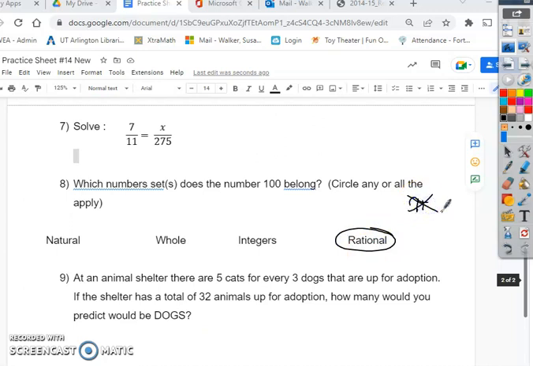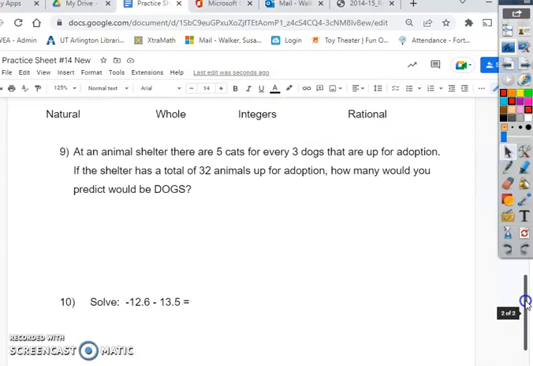And remember, natural starts with 1. Whole starts with 0. So like if I do natural, 1, 2, 3, 4, eventually I get to 100. If I start with 0, 0, 1, 2, 3, I'm going to get that. Integers are all of these, but also negatives. It just doesn't happen to be negative this time. So 100 is all of these. Okay?